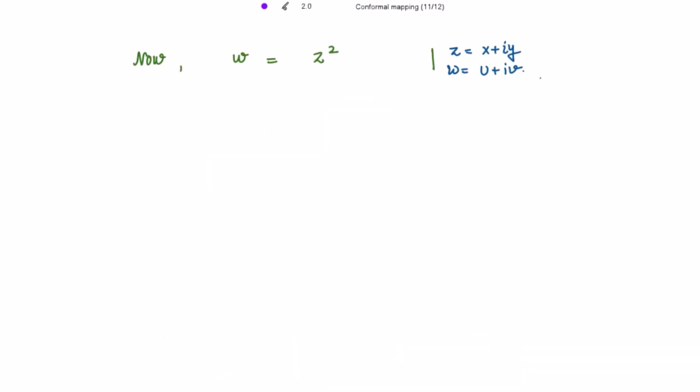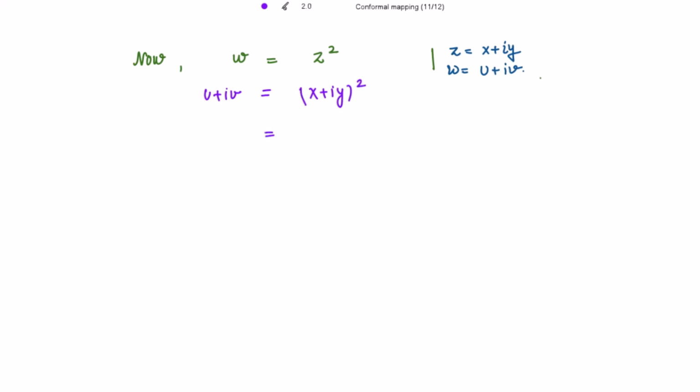Now w equal to z square. For this we are taking z equal to x plus iota y and w equal to u plus iota v. So let's write this. u plus iota v is equal to x plus iota y whole square.